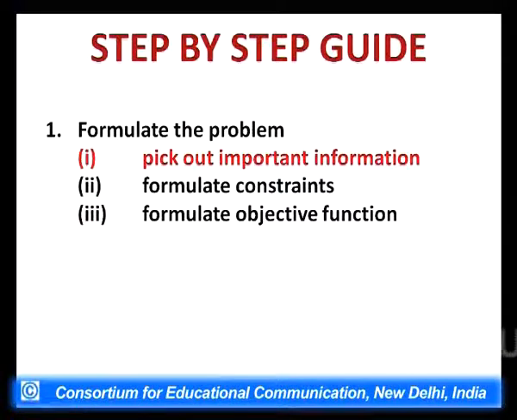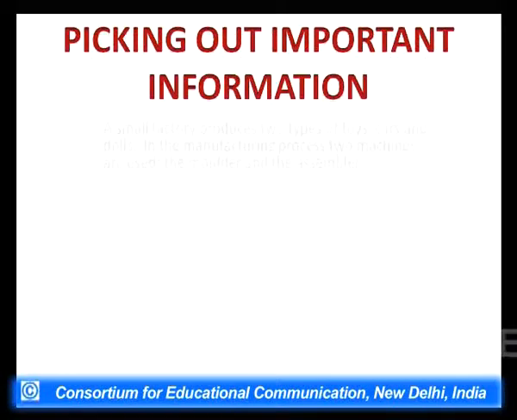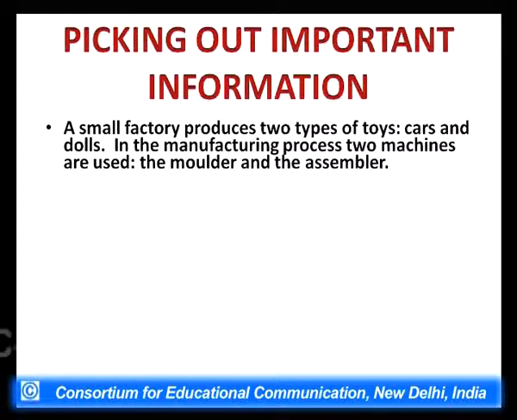The steps are, first we have to pick out the important information stated in the problem. A small factory produces two types of toys, cars and dolls. The toys being manufactured are cars and dolls. In the manufacturing process, two machines are used, one is the molder and the other is the assembler.